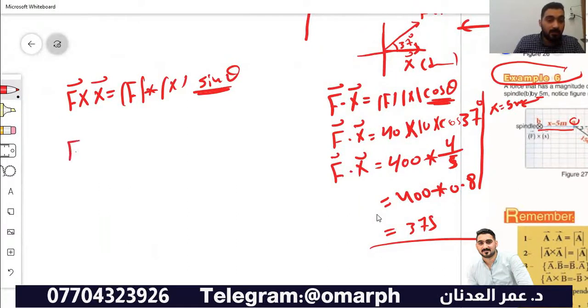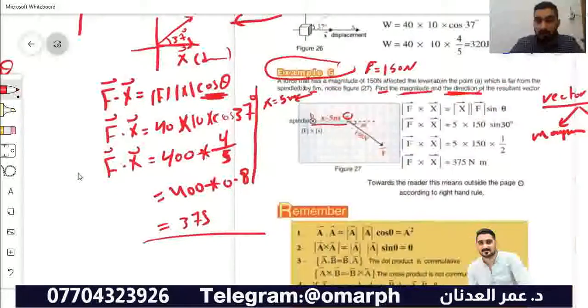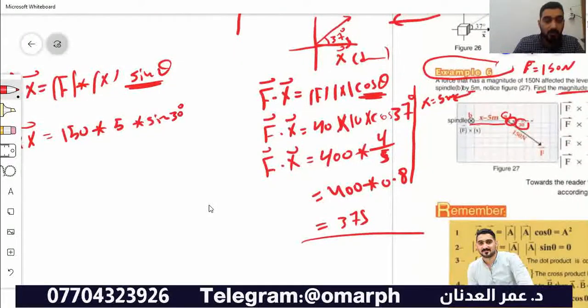F cross X equals, F is 150 by X is 5 meters, by sine the angle between vector F and vector X, which is here from the plot and equal to 30 degrees.